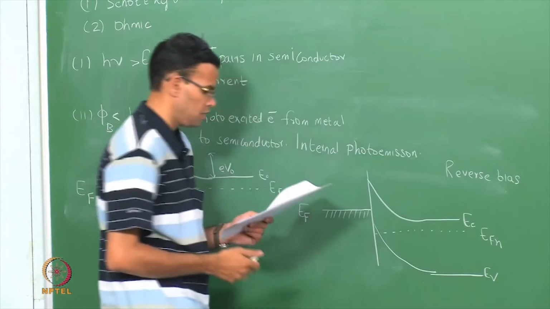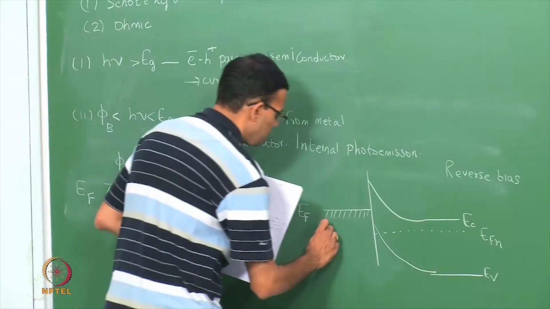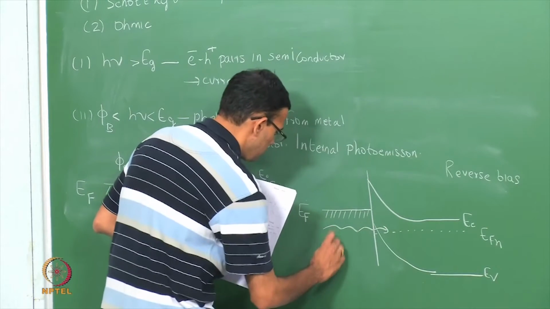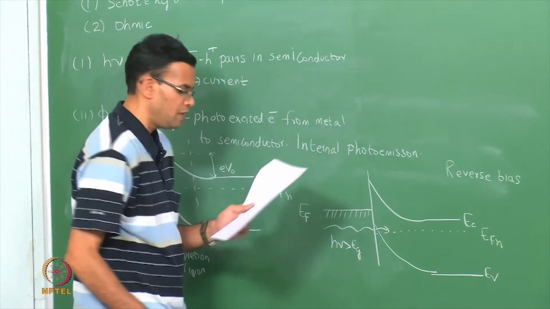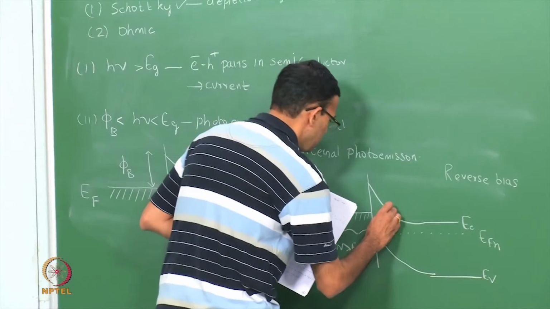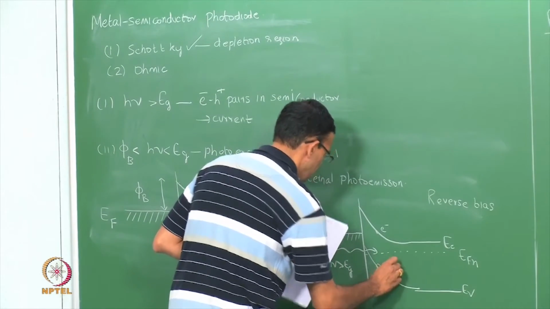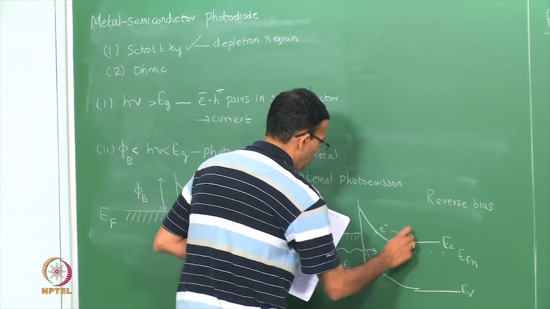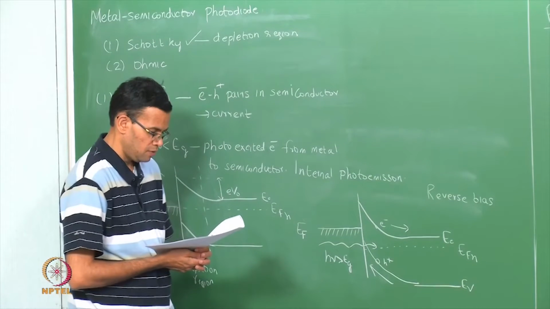For reverse bias. So, if you have light of energy greater than the band gap, so h mu is greater than Eg, then you will generate your electron hole pairs. Electron, I have a hole which will travel in opposite directions in order to give me my current.